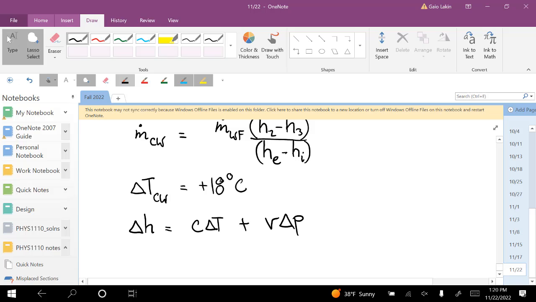And then V delta P also goes to 0, by the incompressible assumption. Or wait, I made the leap of that delta P going to 0.